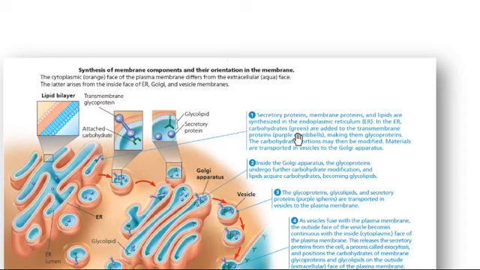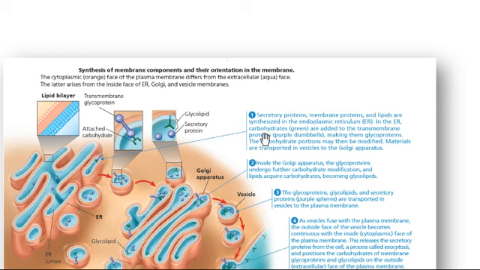So in the first step, secretory proteins, membrane proteins and lipids are synthesized in the endoplasmic reticulum. If you remember, we discussed that both smooth and rough endoplasmic reticulum synthesize membranes.